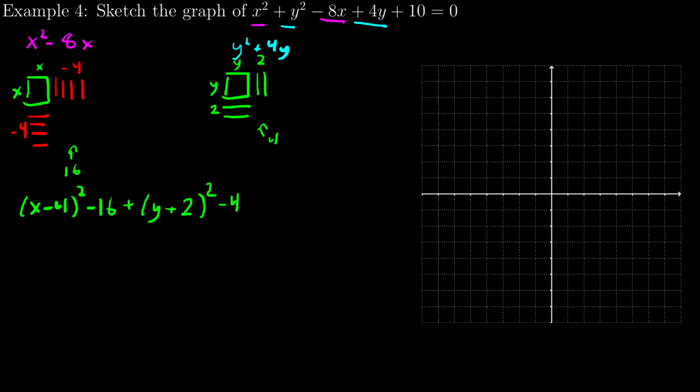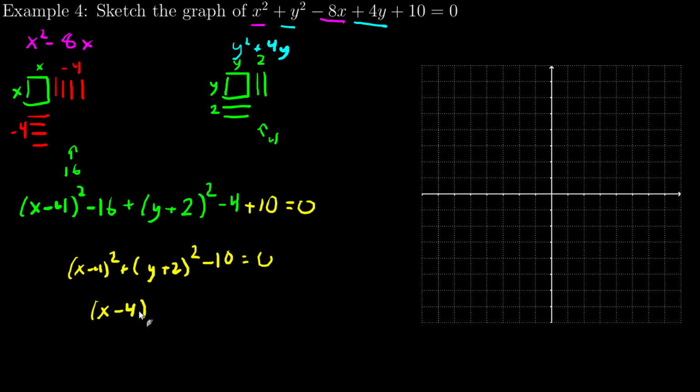And then I bring everything else from my equation, so I have this plus 10 equals 0. Combining like terms, negative 16 minus 4 plus 10 gives me a minus 10. I still have x minus 4 squared plus y plus 2 squared. I will add the 10 to both sides, and I will get x minus 4 squared plus y plus 2 squared equals 10, which is our standard form of a circle.